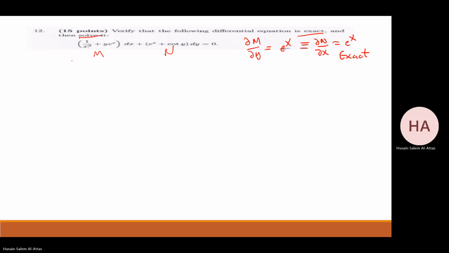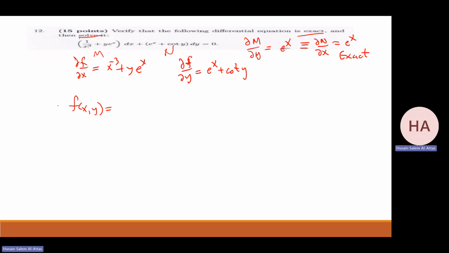Now I have partial f with partial x, and partial f with partial y. So let me start with one of them. I don't think they'll make a difference because they are very easy ones. I will start with this one. f of x and y will be what?